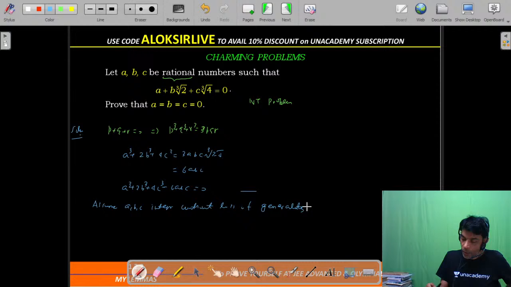Now, if they're integers, then the first thing you note is that 2 divides a, so a must be even. We can assume that a, b, c are not all even, because if something is even, then 2 will come out of it.